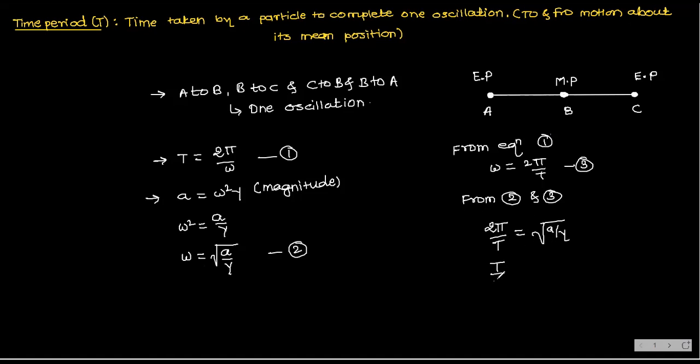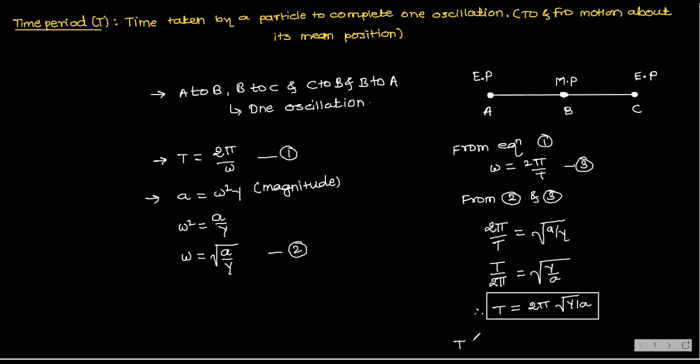So T by 2 pi is equal to under root of Y by A. And therefore T is equal to 2 pi under root Y by A. This is what the time period formula. Okay. T is equal to 2 pi under root Y by A.